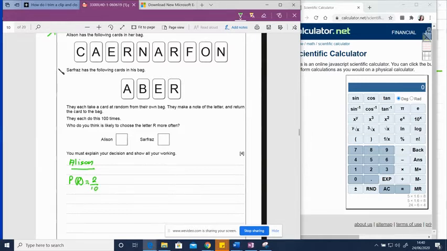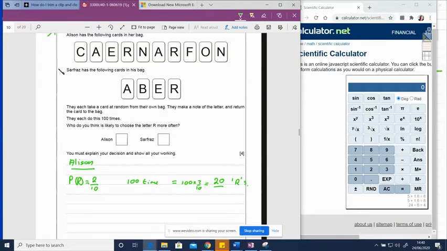So it's 2 out of 10. But if she does that 100 times, she takes a card out 100 times, we expect her to get 100 times 2 out of 10 R's, which is 200 over 10, which is 20. So I expect her to get 20 R's.